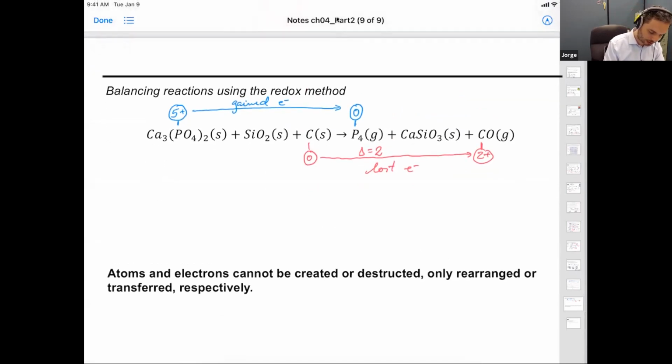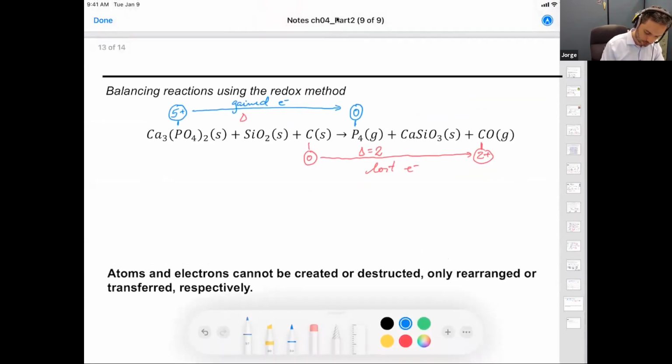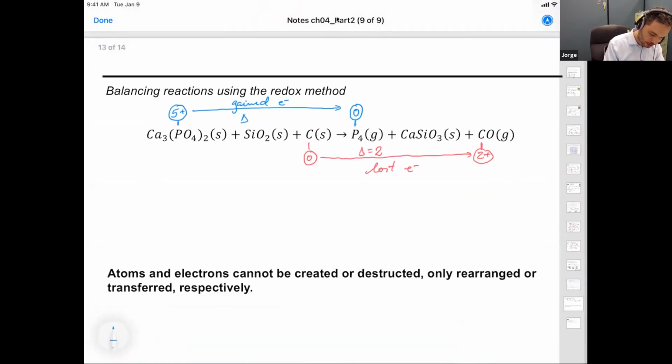Phosphorus started from 5 plus and went all the way to 0. Therefore, the delta is 5. Delta is always going to be positive. However, we have 2 atoms of phosphorus to start with, so we multiply by 2, and that gives a delta equal to 10.